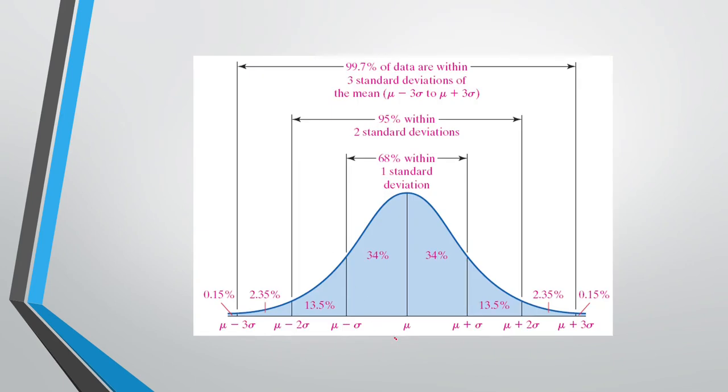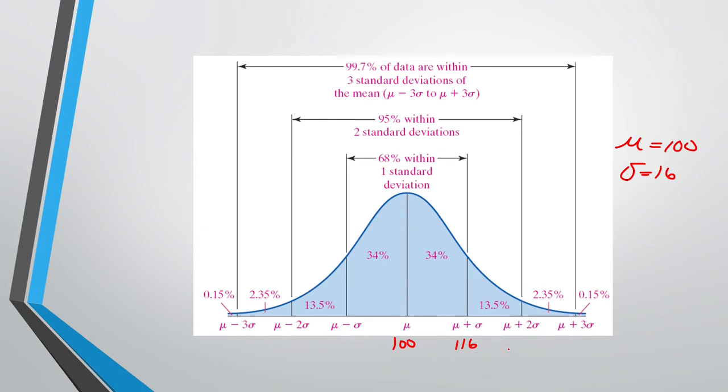Remember, the mean is 100, so we'll put that in the center. That's just mu. And then we'll add 1 standard deviation to 100, which is 16. Our standard deviation was 16, and our average was 100. So 100 plus 16 gives us 116.